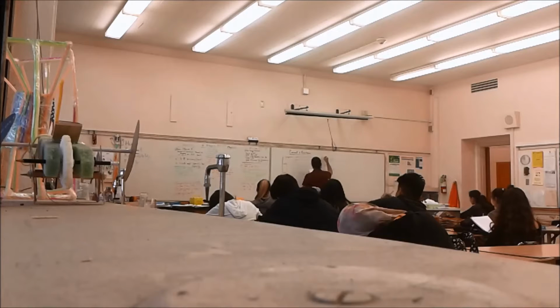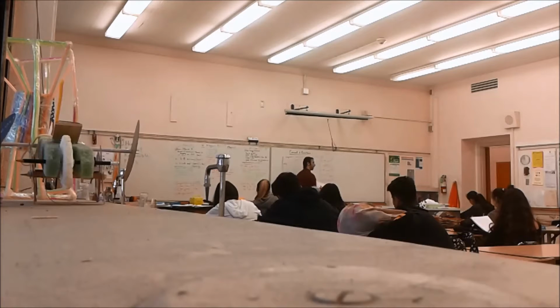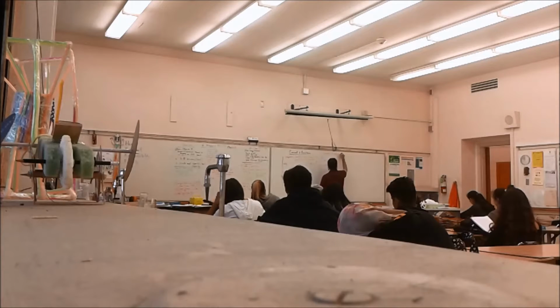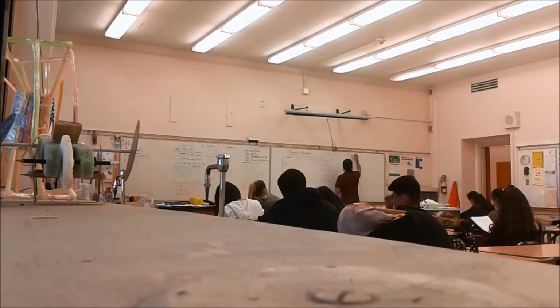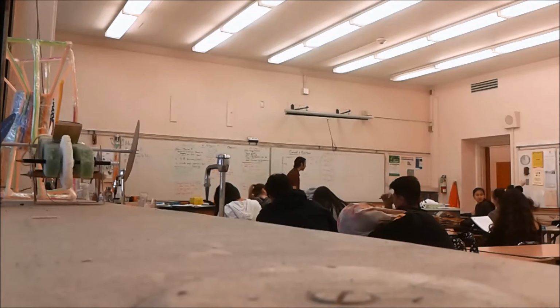Q here is the amount of heat lost or gained in joules. So when we're talking about adding heat, you should be thinking of Q, the amount of heat lost or gained in joules. M, anyone want to guess what M is?